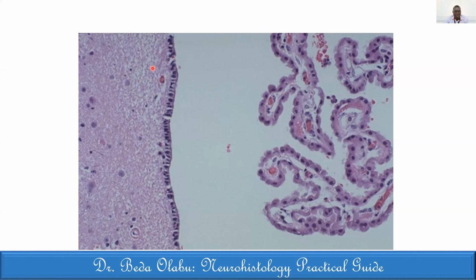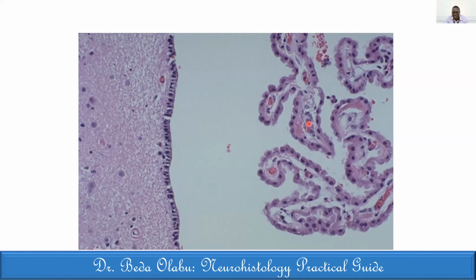And I was about to tell you that you can see it is highly folded, lined by one layer of cells, simple cuboidal epithelium, with a very vascular core. We can see loose connective tissue at the core, but highly vascularized.